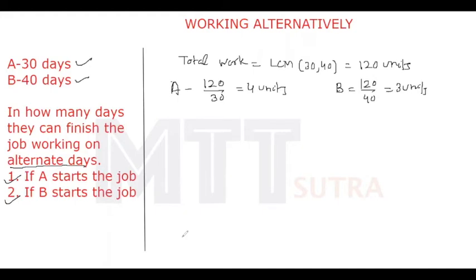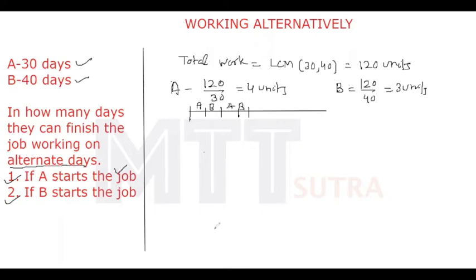Now let me draw my timeline again. So this is my timeline, and these are the days, A, B. Let us assume that first A starts, as the first question says that A starts the job. A, B, and it goes on.